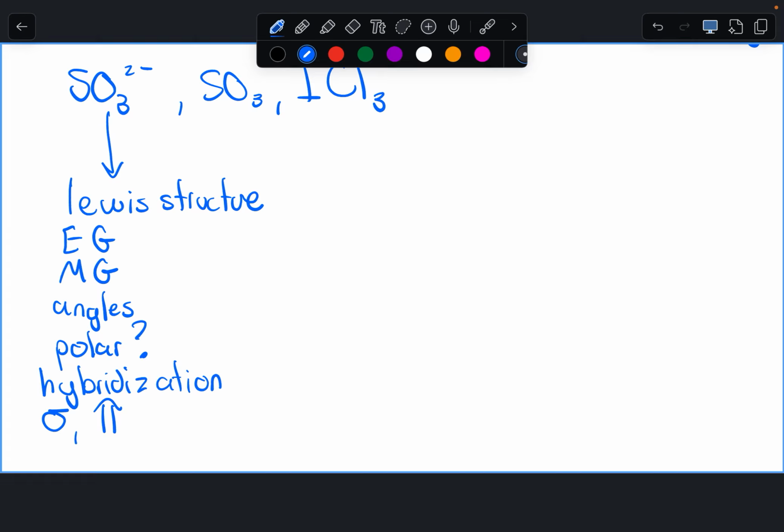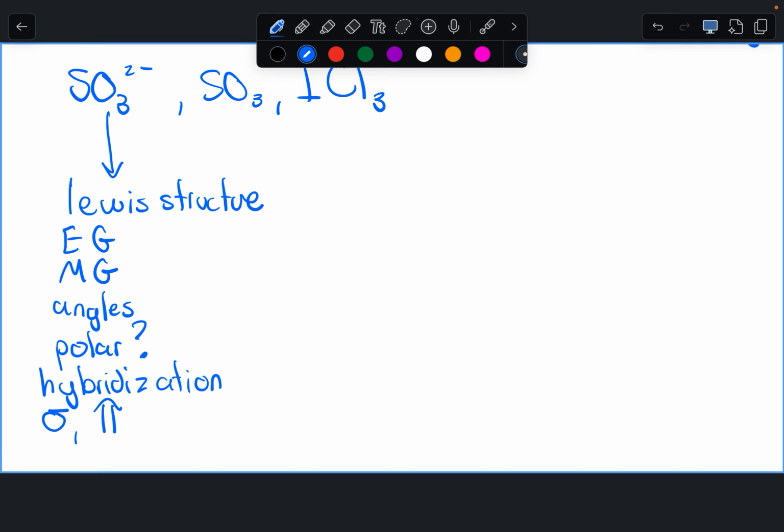Oh, more than two, yes. For example, something like CH2O. That would be polar, because it has an additional element instead of just H2O.